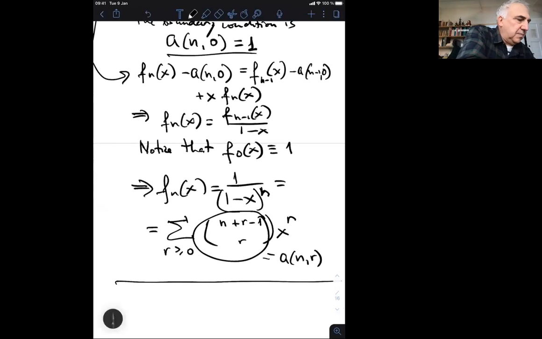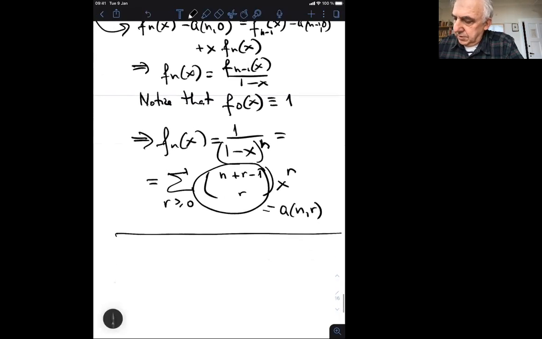Okay, let's see. So section 2.3, let's see, maybe what is it? So solve the recurrence. This is exercise 5.